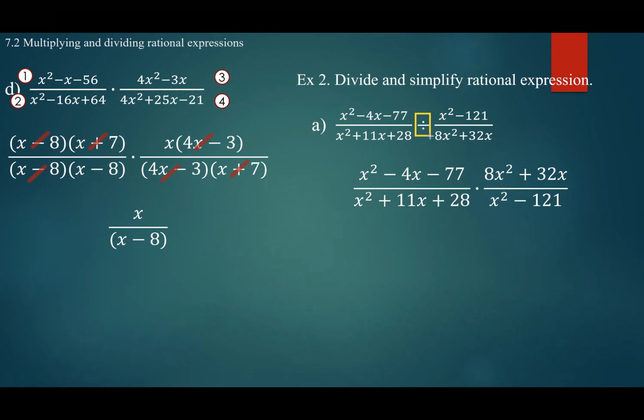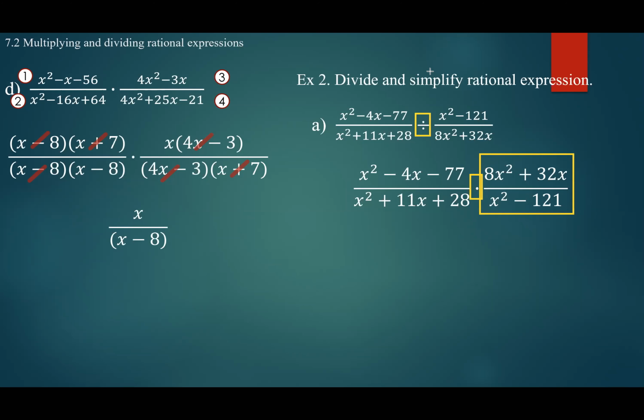Whenever we divide a fraction, or in this case a rational expression, we change the operation from division to multiplication, and then flip the second rational expression. So we change and we take the reciprocal.